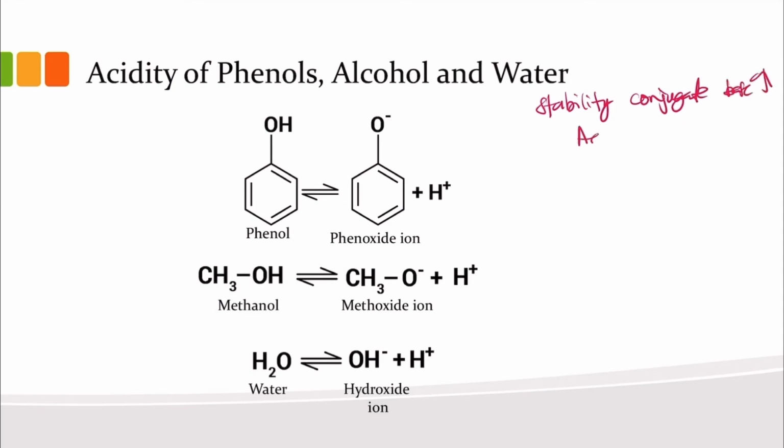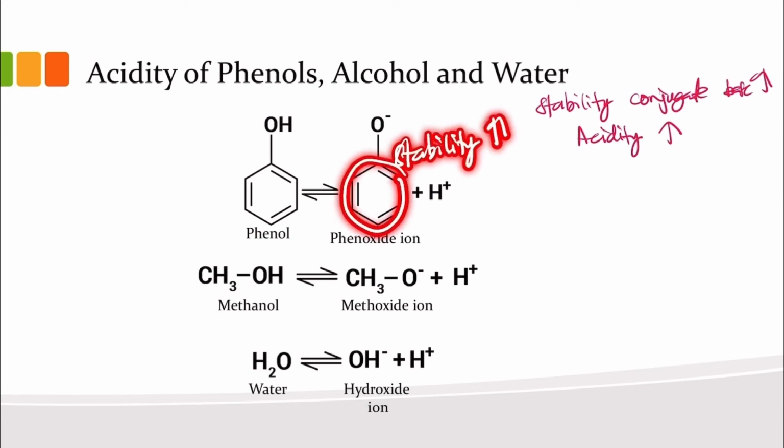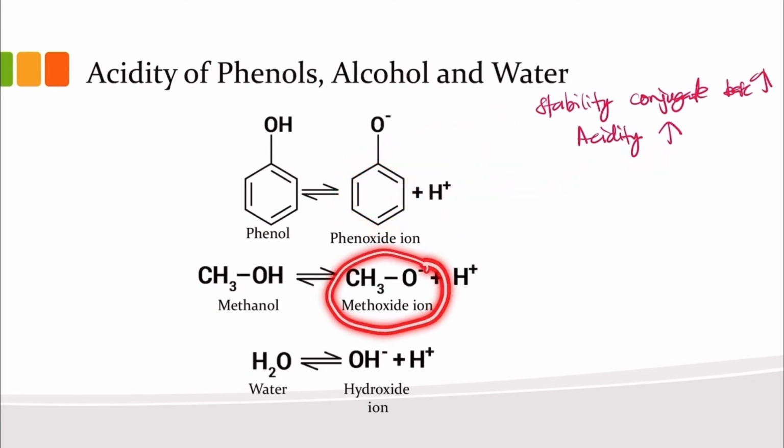When we look at the dissociation equation for phenols, alcohol, and water, we can see that the phenoxide ion is the most stable. Therefore, phenol is the most acidic compared to the other two. As for methoxide ion, it contains the R group, CH3.